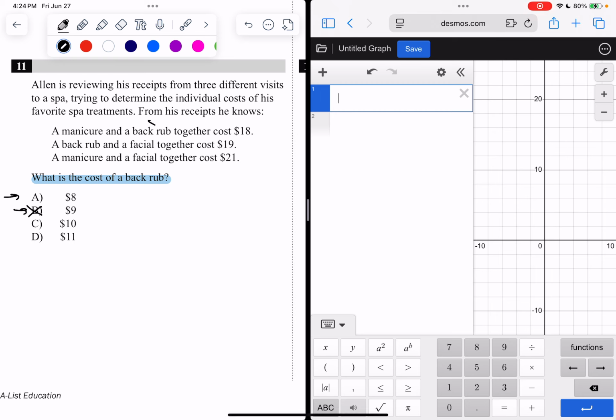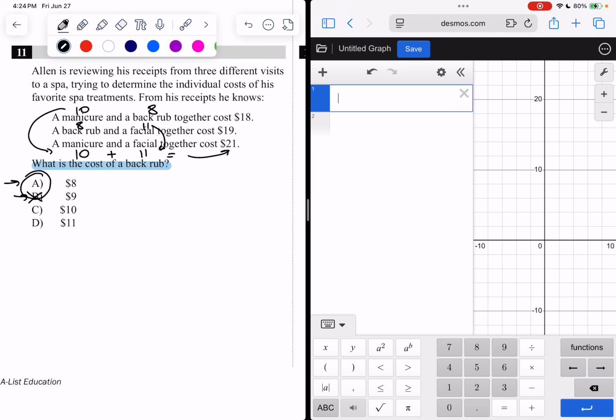Let's put 8 for the back rub. My back rub is 8. Then my manicure must be 10 in order to make it add up to 18. And again, if my back rub is 8, my facial must be 11 to get it to add up to 19. Now again, if my manicure is 10 and my facial's 11, do these guys add together to be 21? They do. So we know that I found the right answer here.